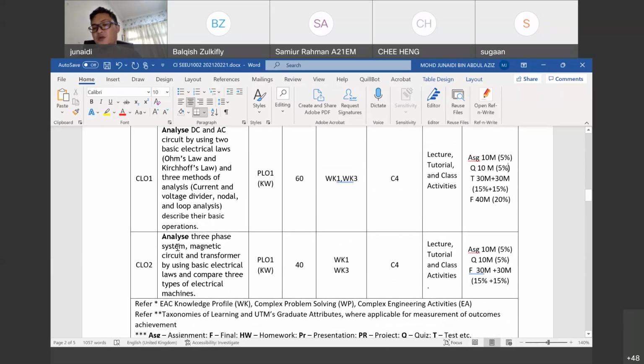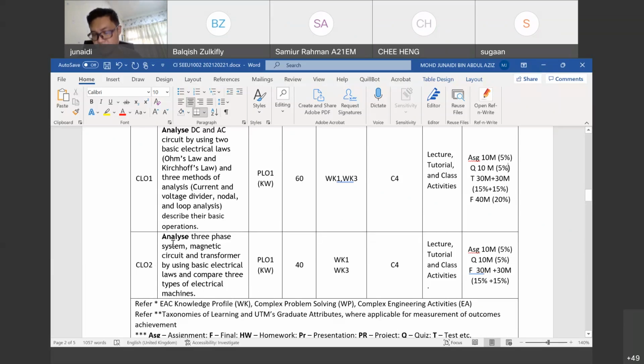CLO2 is about analyzing three-phase systems, magnetic circuits and transformers by using basic electrical laws, and comparing 3 types of electrical machines. For CLO1, we are dealing with electrical circuits, both DC and AC. But for CLO2, we are dealing with the three-phase system.